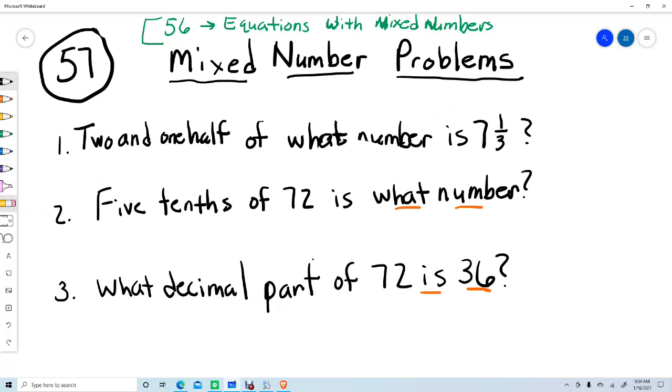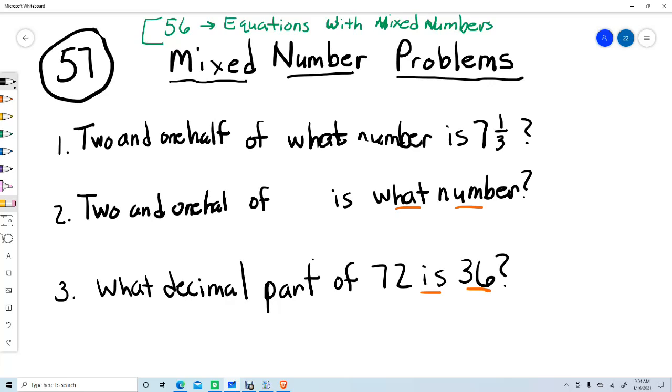And then going to problem 2. Again, 2 1/2.